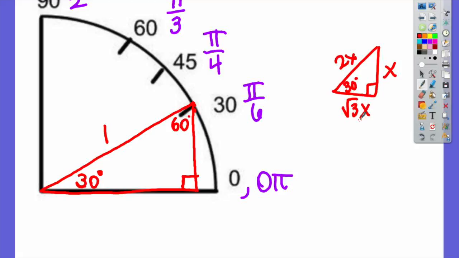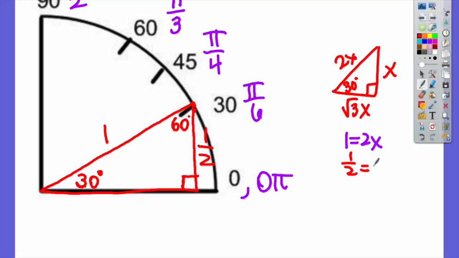Now, my question to you is this. This applies to this triangle over here. The 1 on my triangle matches up to what in this triangle? 2x. So that means that 1 has to equal 2x. Well, if 1 has to equal 2x, what is x then? 1 half. So x, the side across from the 30 degrees, is 1 half. See that?